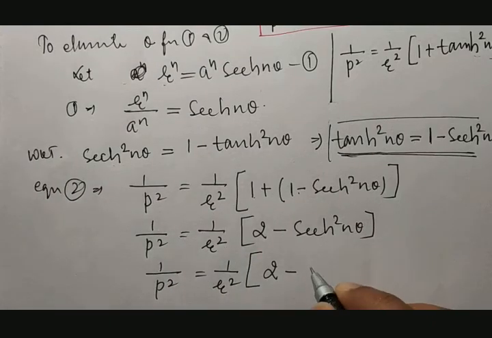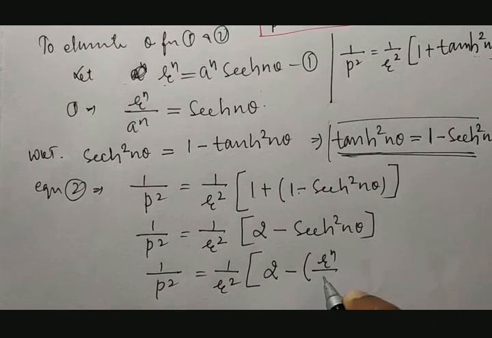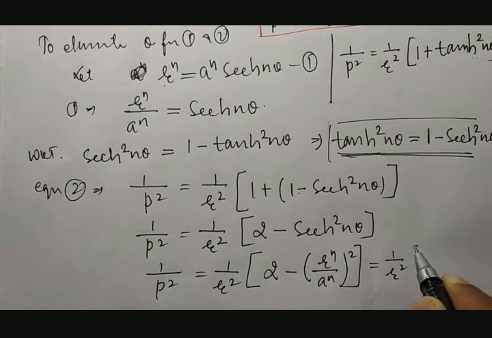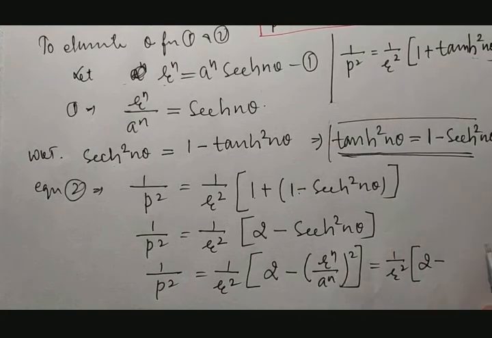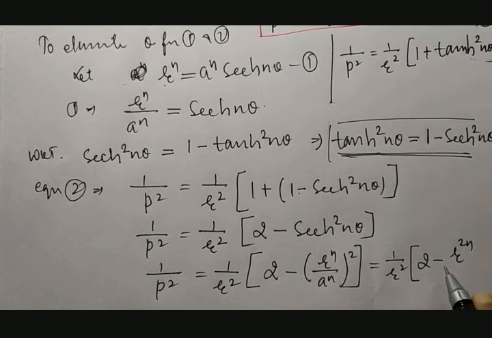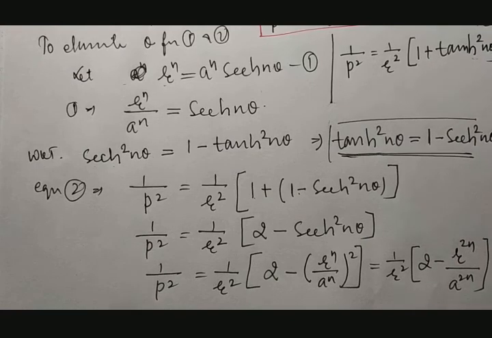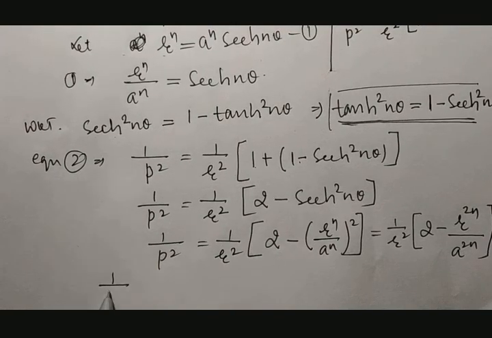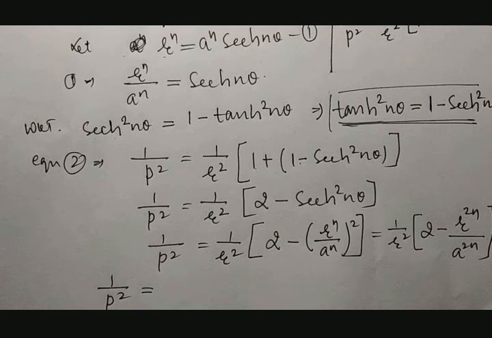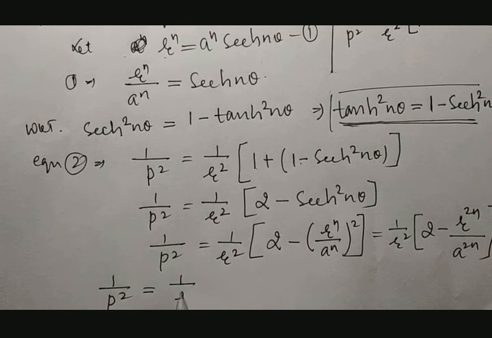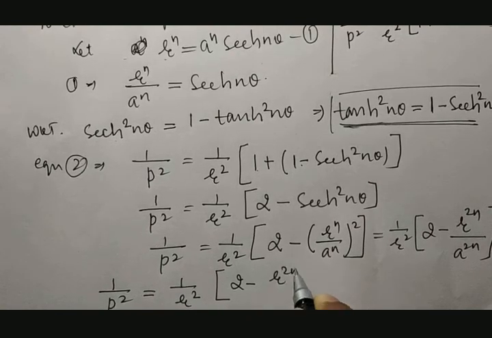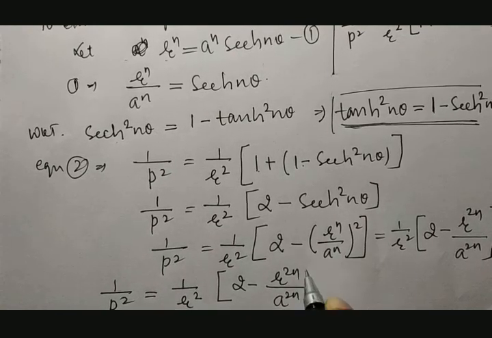This is nothing but 1 by r square into 2 minus r raised to 2n divided by a raised to 2n. Therefore, the value is 1 divided by p square is equal to 1 divided by r square into 2 minus r raised to 2n divided by a raised to 2n.